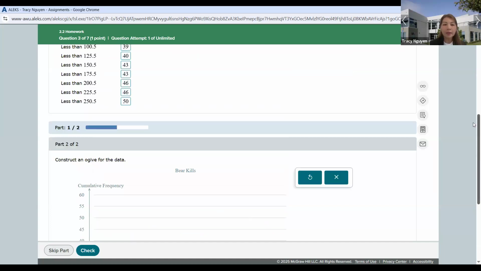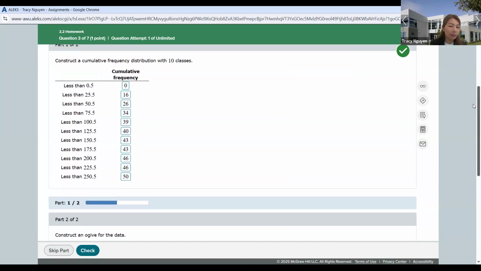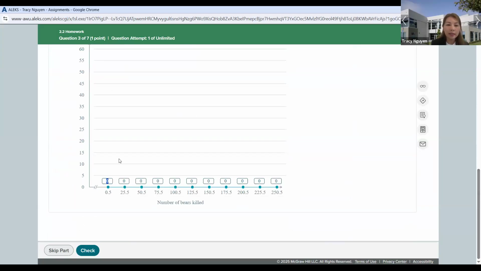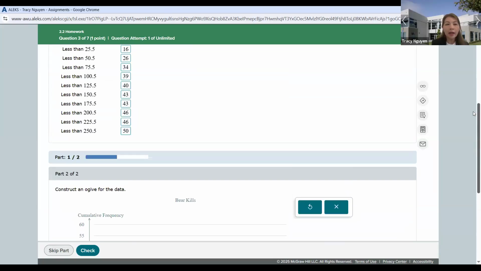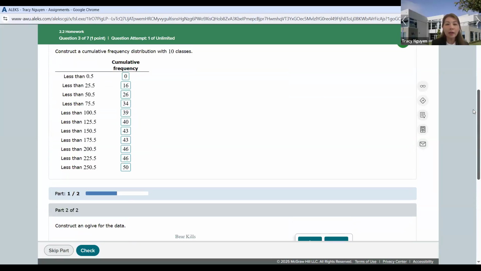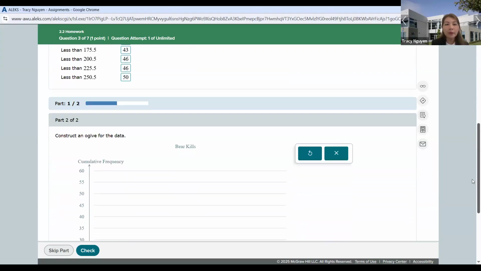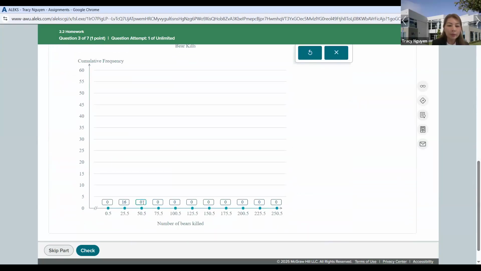Okay, and what I'm going to do to make it easier for myself here, I'm going to take a picture of the data. Now, instead of dragging the bar, I'm going to key in 16. So you see right here, the values we have for our cumulative frequencies are 0, 16, 26, 34, 39. Okay, so I'm going to key in.